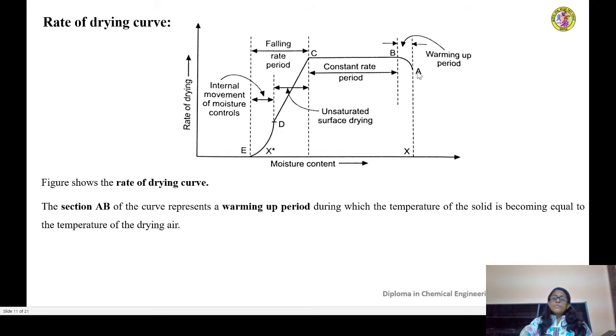Once that period is over, for a certain period of operation the rate of drying remains constant. That part of the drying rate curve is called the constant rate period, as shown by the segment BC.